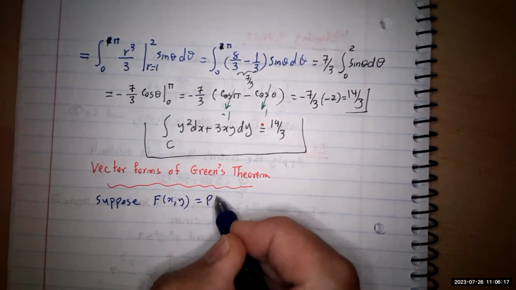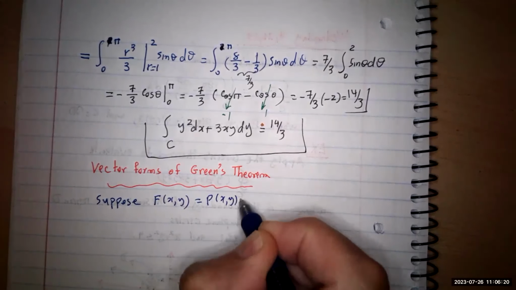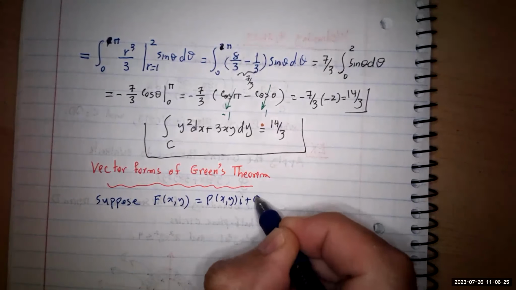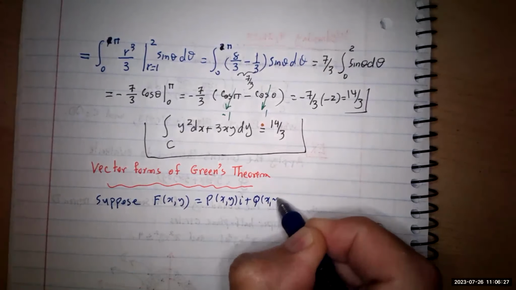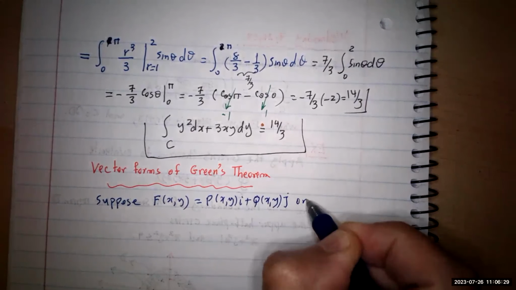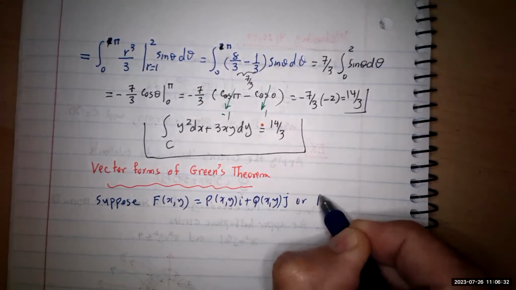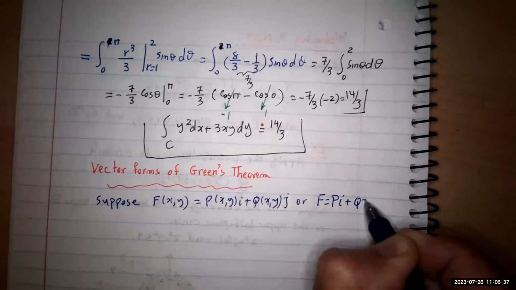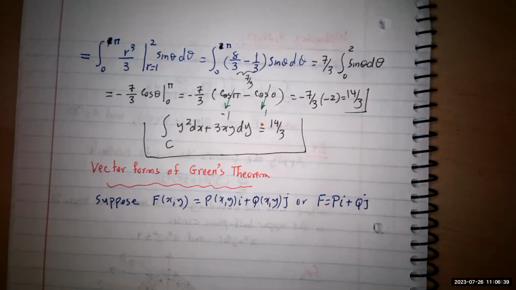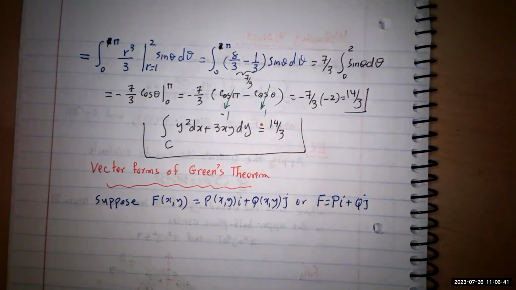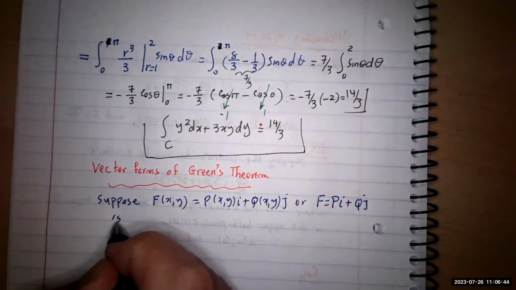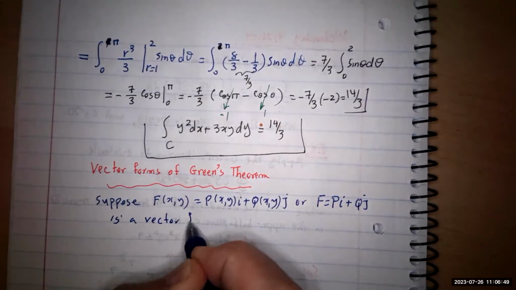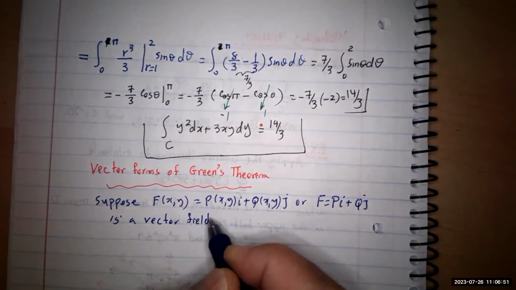P of x, y times i plus Q of x, y times j, or in short, as usual, F equals P i plus Q j. Suppose this is a vector field in R2.